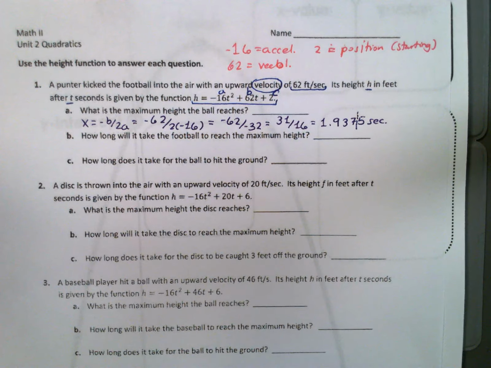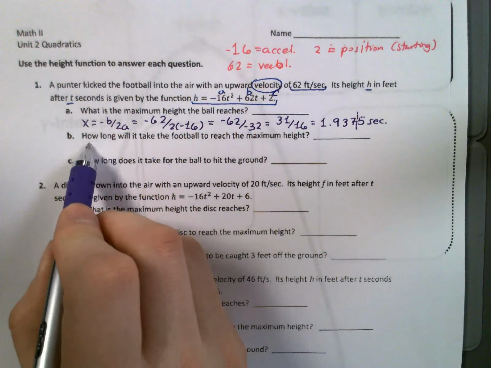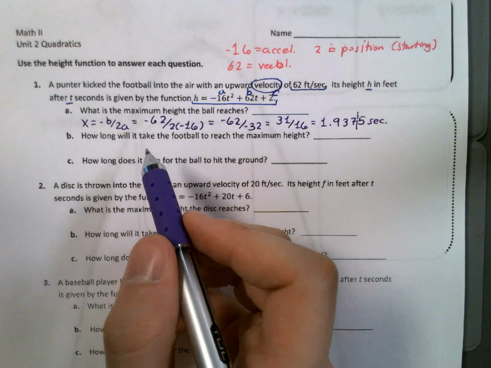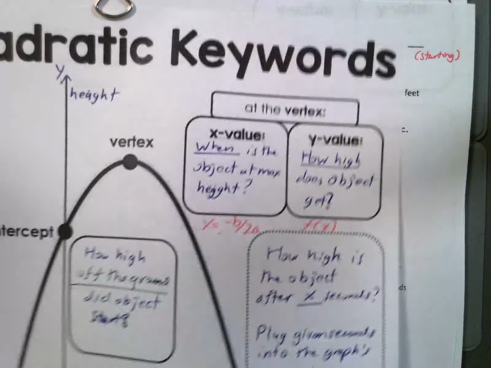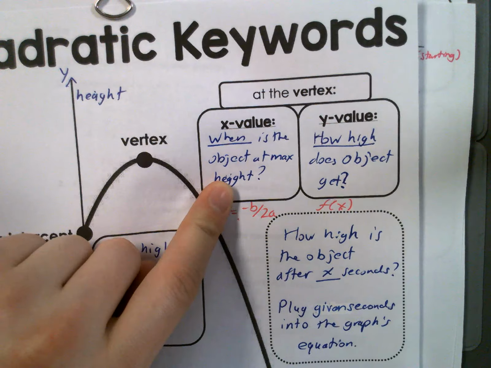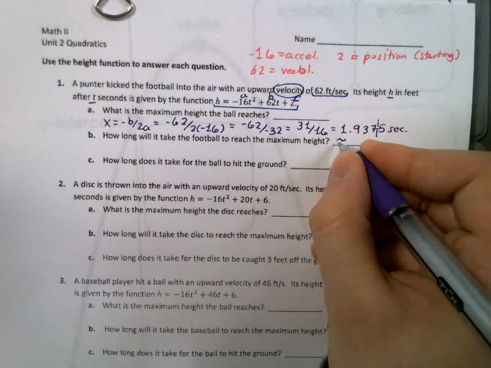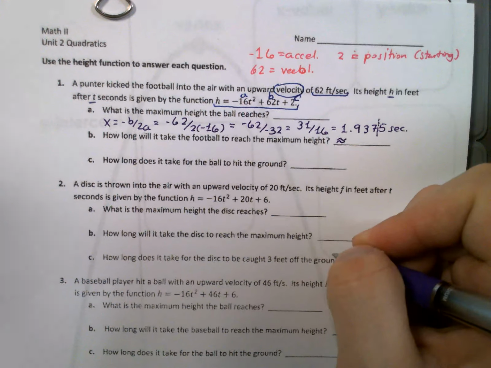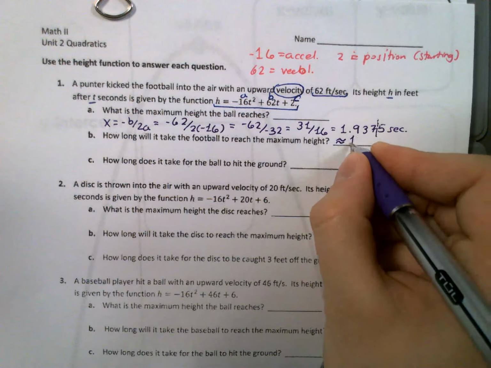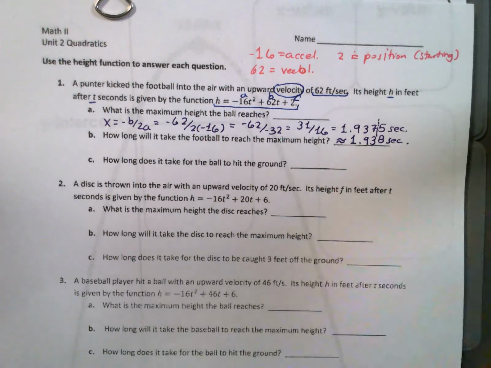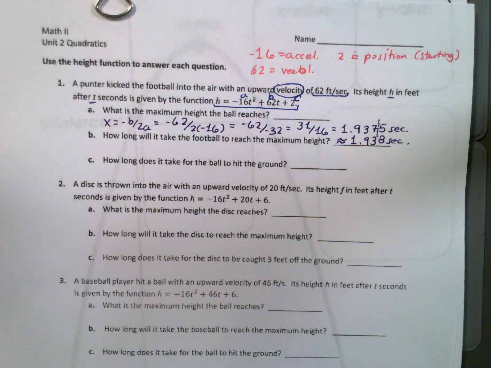So your actual answer for B, not A, because we want to know how long it takes for the ball to reach the maximum height, we're finding the x coordinate of the vertex. That's the maximum height, as referred to on here. So that would round, and you use 2 little squiggly lines, like an equal sign with a squiggly, and you do 1.938 seconds. And that is the answer I want.